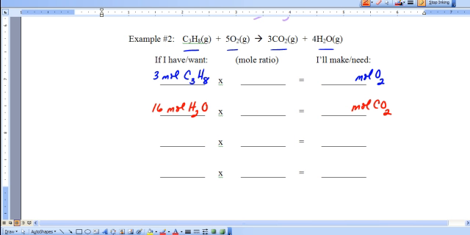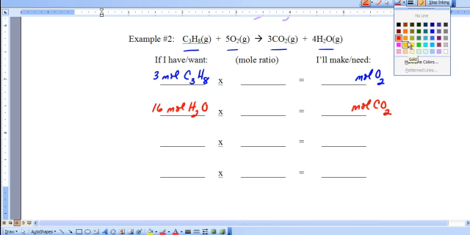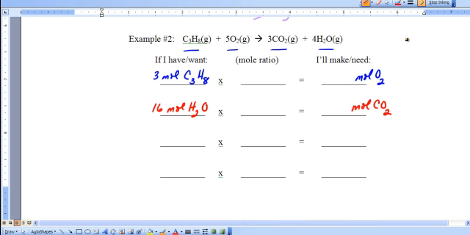Okay, next problem. Switch up here. Let's go orange. What if we have 11.25 moles of oxygen? How many moles of water vapor would be formed from the reaction of 11.25 moles of oxygen?